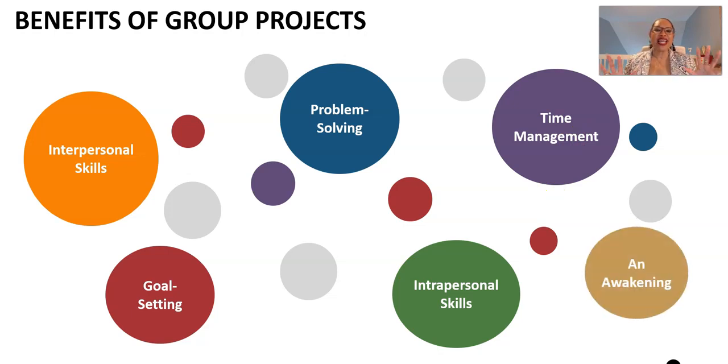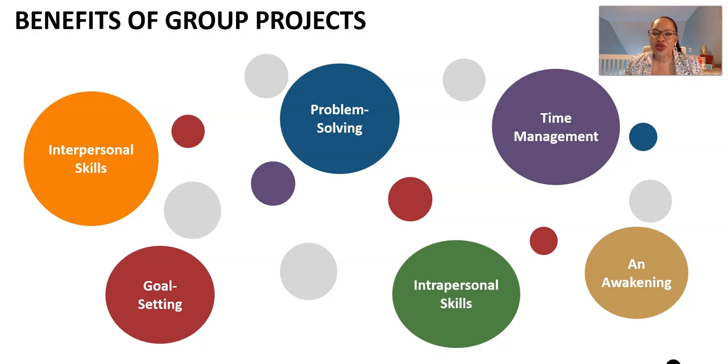I see that my students have an awakening. When they work in groups, they'll say things like, I didn't realize I was like this, or I realized that I need to compromise more, or that I need to spend more time getting my portion done because it affects other people's grade, or it affects the energy when we meet together when people haven't done what they're supposed to do.